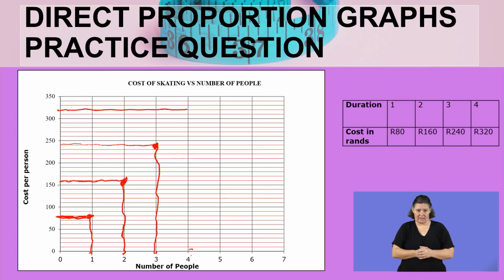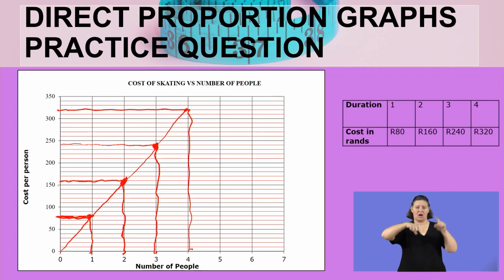So 320 and 4. So this is your point. Remember, you will be using your ruler. You don't have a reason for the graph not to be straight. So by now, because I'm just drawing with a free hand, I hope you can see I'm not using any instrument. I'm joining my points now. Joining my points and joining my points. So you can see that now this is the straight line graph.